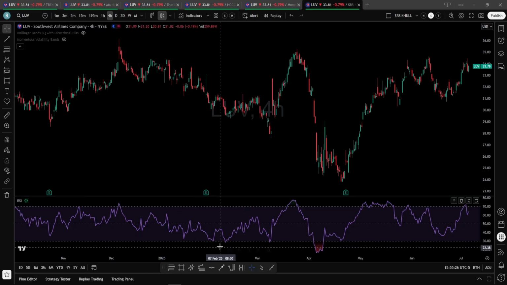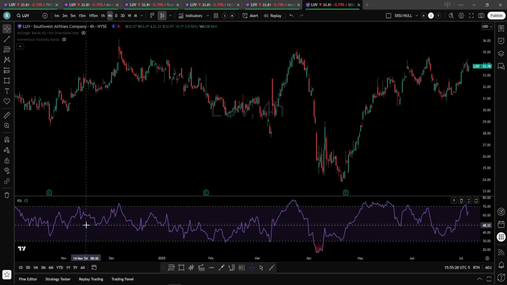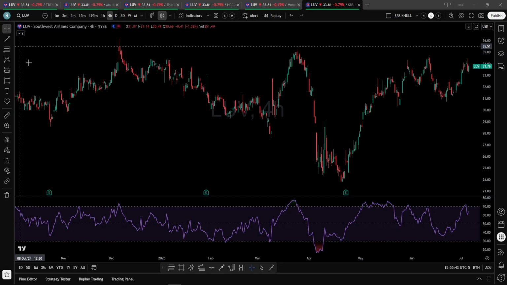Now, when you look at the RSI indicator and you divide it into an upper and a lower half at the 50 line, it tells you a lot about who's in control of the market, whether it be the bears or the bulls.